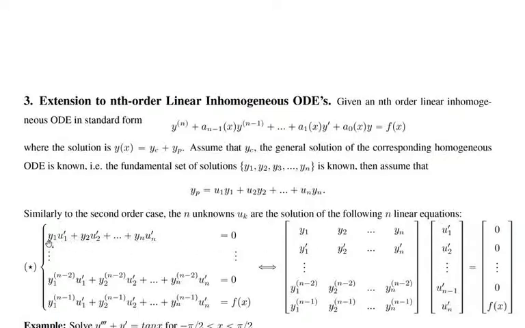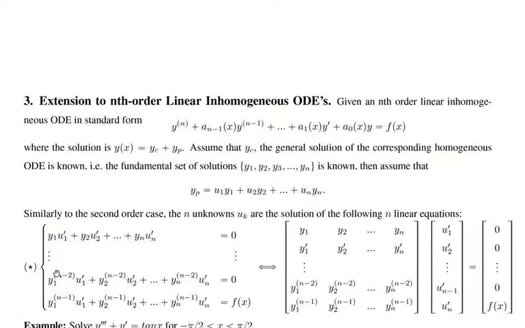The second equation is going to have the same form, but instead of y1 up to yn, I'm going to have the first derivative of y1 up to yn. The right hand side is 0. So I'm going to keep on differentiating my fundamental set of solutions in this formula up to the n minus 2th derivative.